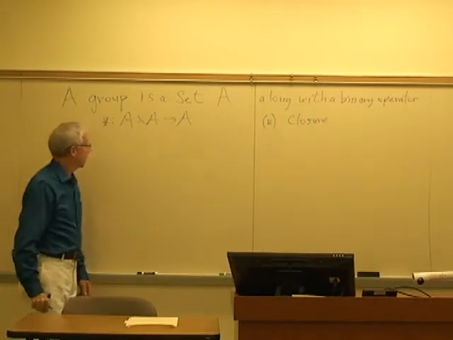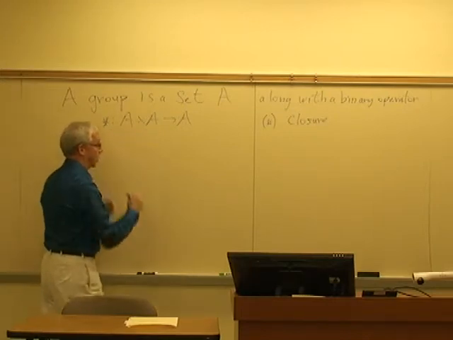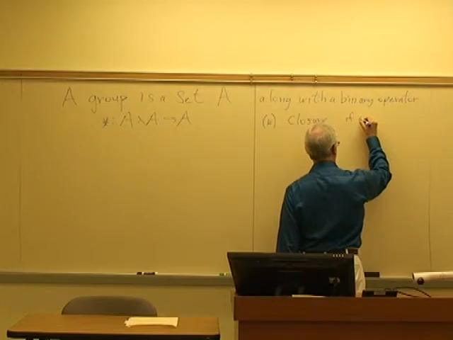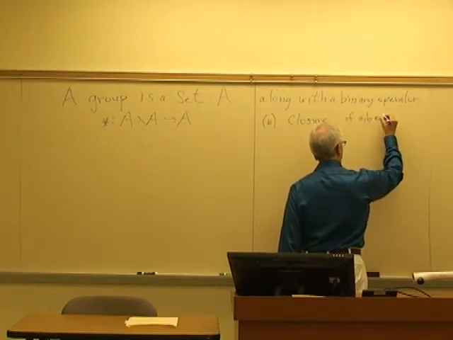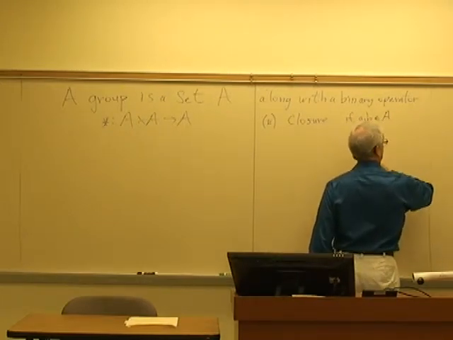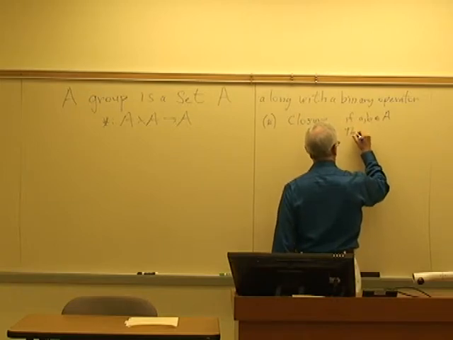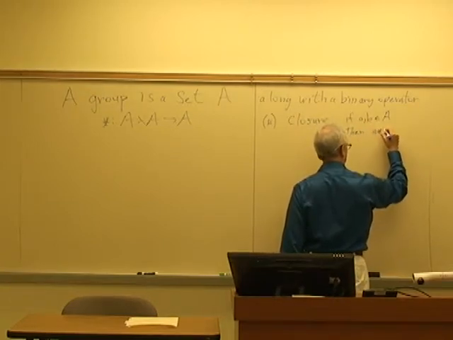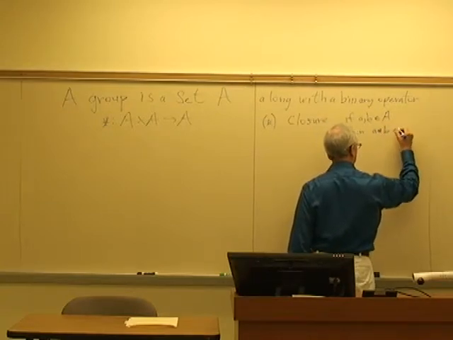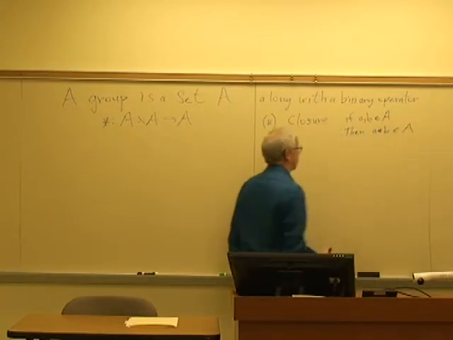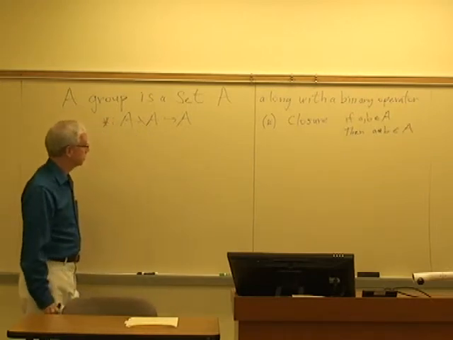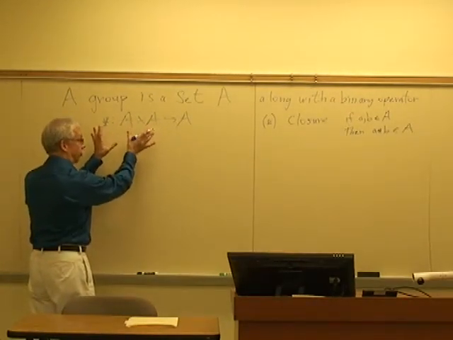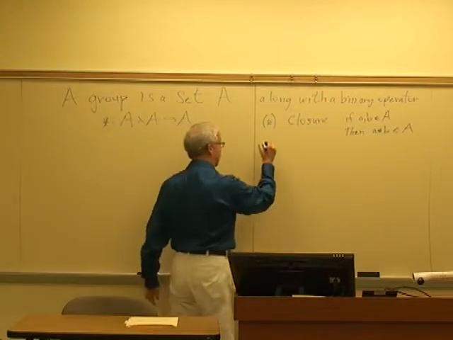Closure simply means whenever I operate on two elements, that is, A, B are in my set, then I must have the answer in the set. We'll look at counterexamples to that later. So that's really implicit in the definition of the binary operator, but it's good to make it clear.